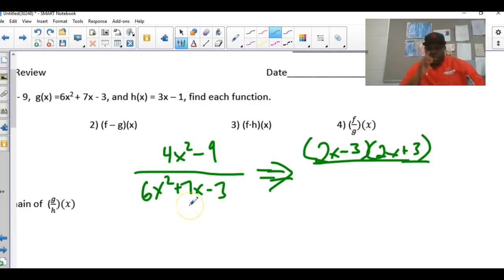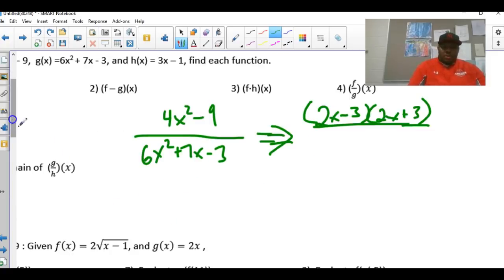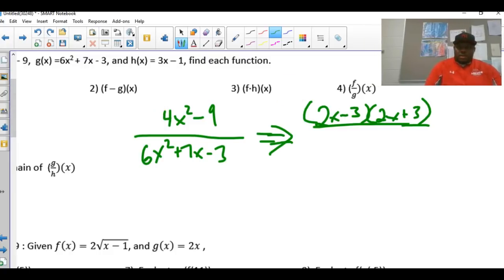Down on the bottom, though, it's a little different. Down at the bottom, I'm going to use factor by grouping. Just a quick tutorial, I'm not going too in depth with it. I'm just going to work it out and show you. This leading coefficient and that constant, if I multiply those, I get negative 18.